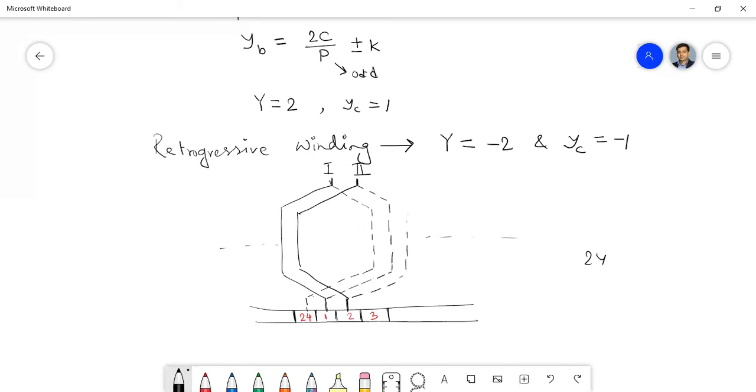How can you calculate the YC? Suppose we take coil 1 and 2, so coil 1 is ended at 24 and that is at 1.